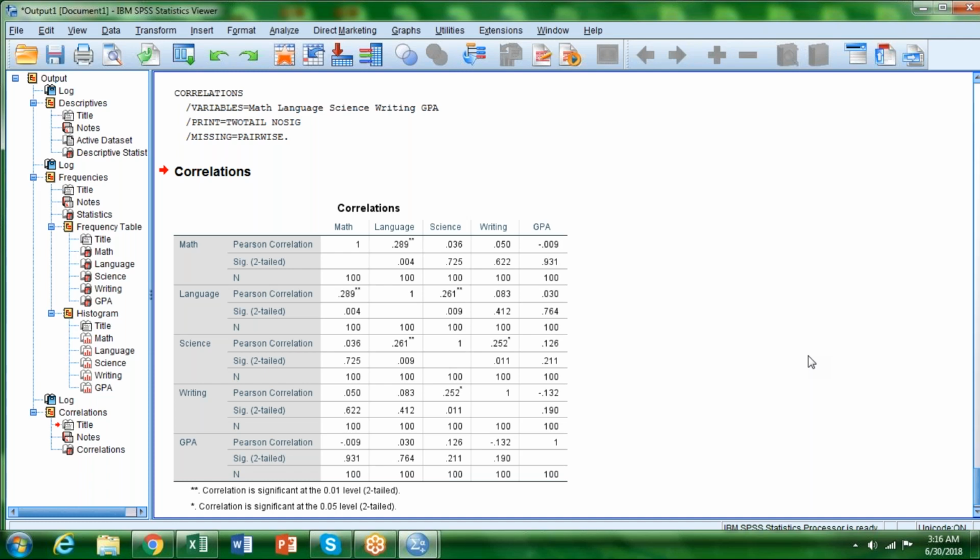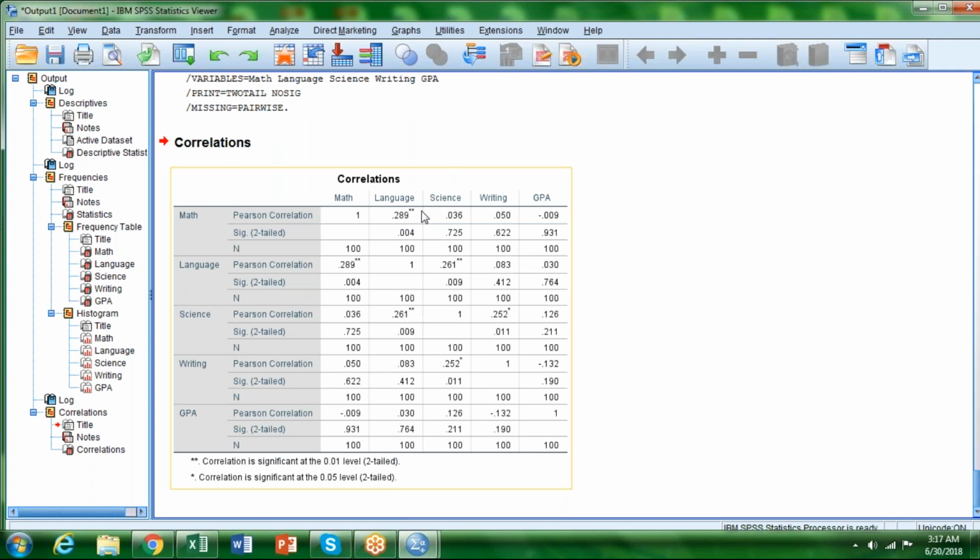Oftentimes you'll see a correlation table in APA format where the upper triangle is removed and you just get the lower triangle, starting with the 1s and then going down. So we would basically just erase this part and keep this part, and you would still see the same correlations and still have the same data.